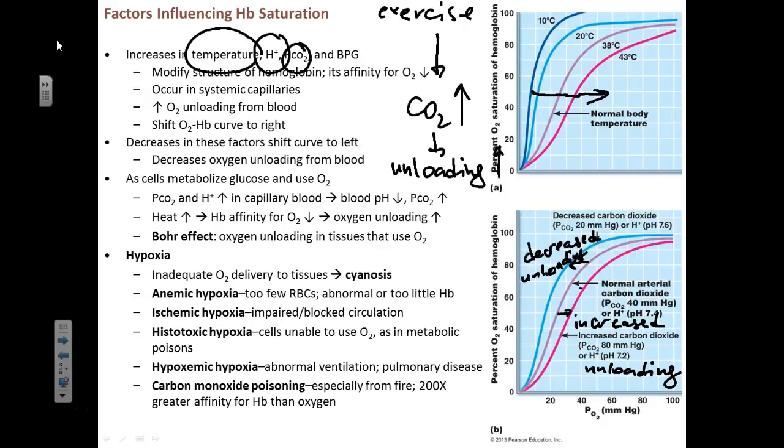We'll get back to your question, no worries. Now, what actually changes the unloading? Each of those parameters, temperature, acidity, they change the affinity of hemoglobin for oxygen. What does the word affinity mean?